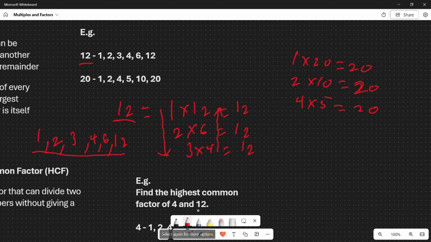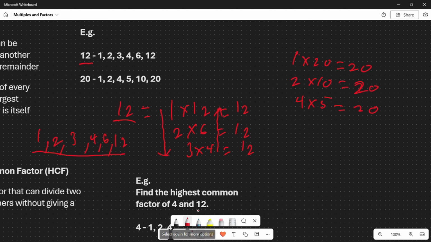Now there's a second method, and that's similar to the prime factor method, where you put those two together in a table and then you start dividing them. Now this is different in the sense where you get a prime factor that can divide both of them without giving a remainder.